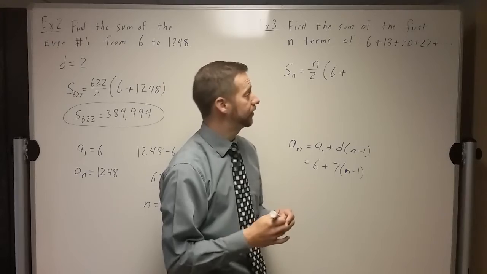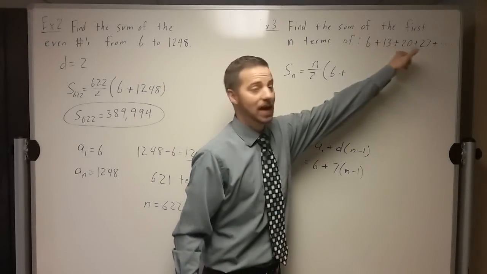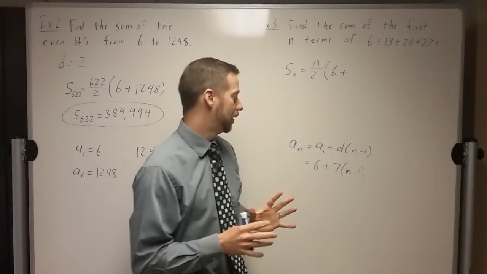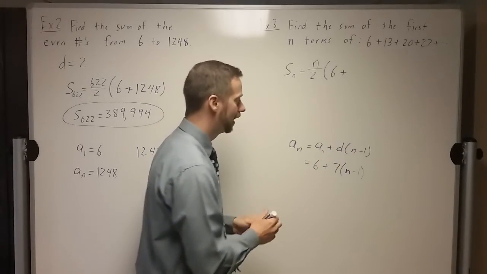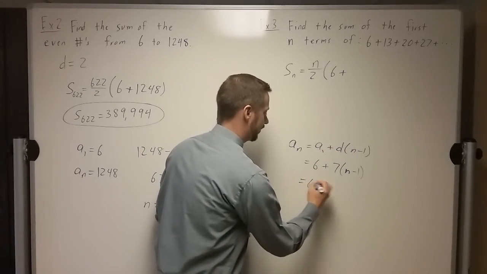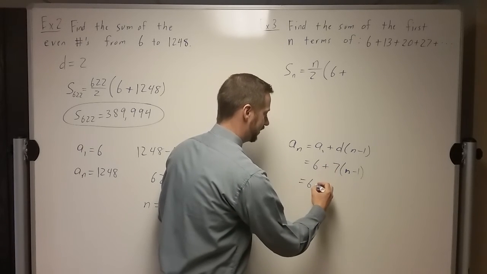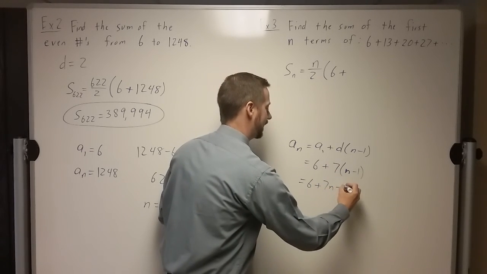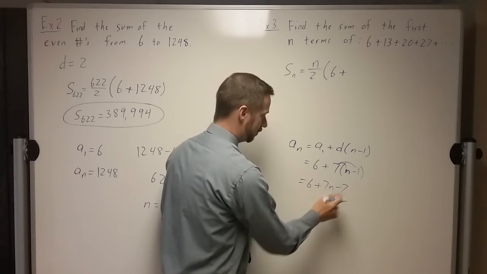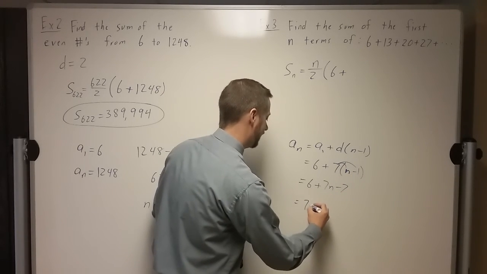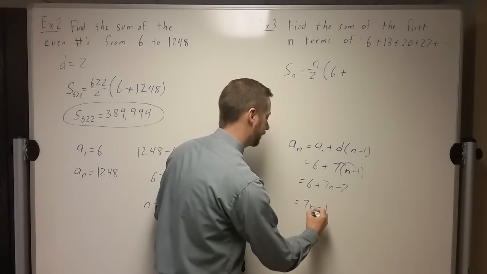And then n minus 1 will actually just stay n minus 1. Now I have a feeling there's some of you who could look at that and actually come up with the equation of it without doing all this. And if you can do that, great, go ahead and do that. But I'm going to simplify this just a little bit. And so I get 6 plus 7n minus 7 when I distribute the 7 in there. And then if I do the 6 minus the 7, I'm left with 7n minus 1.